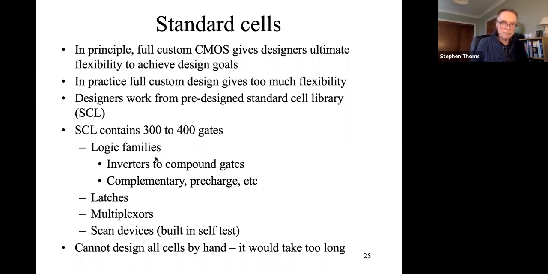It would have not just CMOS gates, but it would have pre-charged logic. It would have pass logic, and so on. And then, of course, there are latches, multiplexers, adders, multipliers, a whole series of devices.